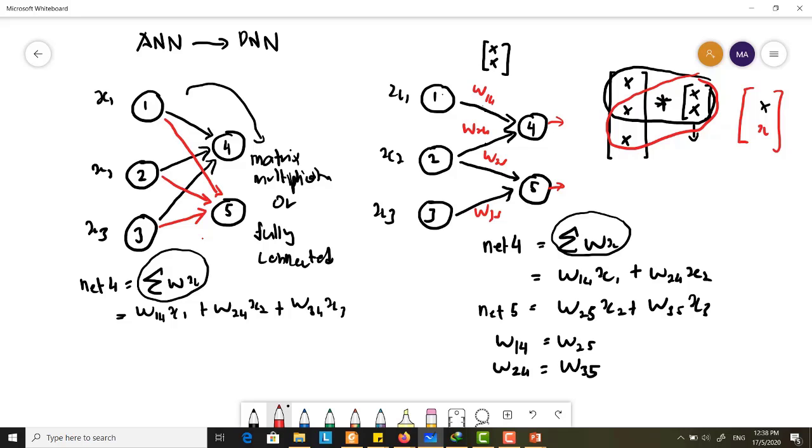So in order to reduce the training time, they replace it with this convolutional operation. That is one reason.